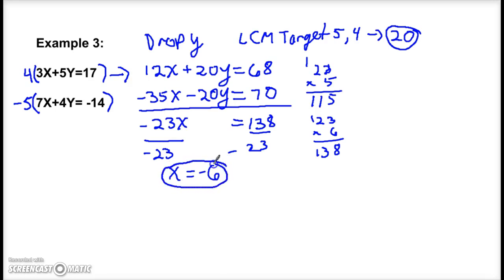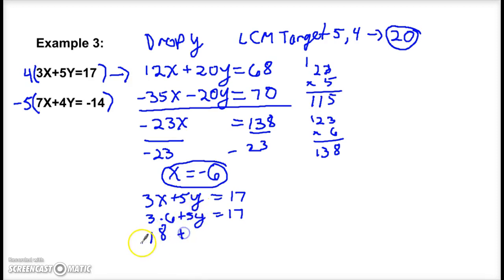That's my x value. Now I need my y. Well, I know that 3x plus 5y is 17. So that means 3 times -6 plus 5y is 17. This is -18, sorry, because I had -6.